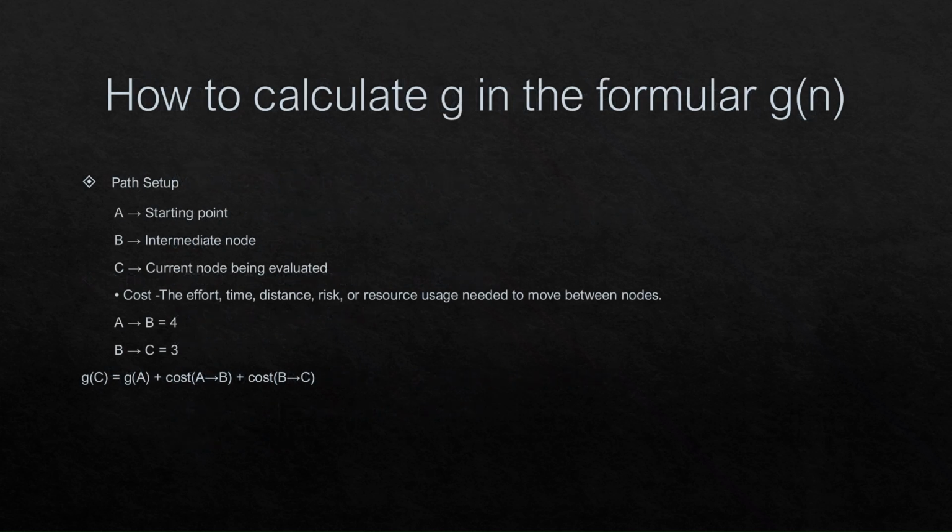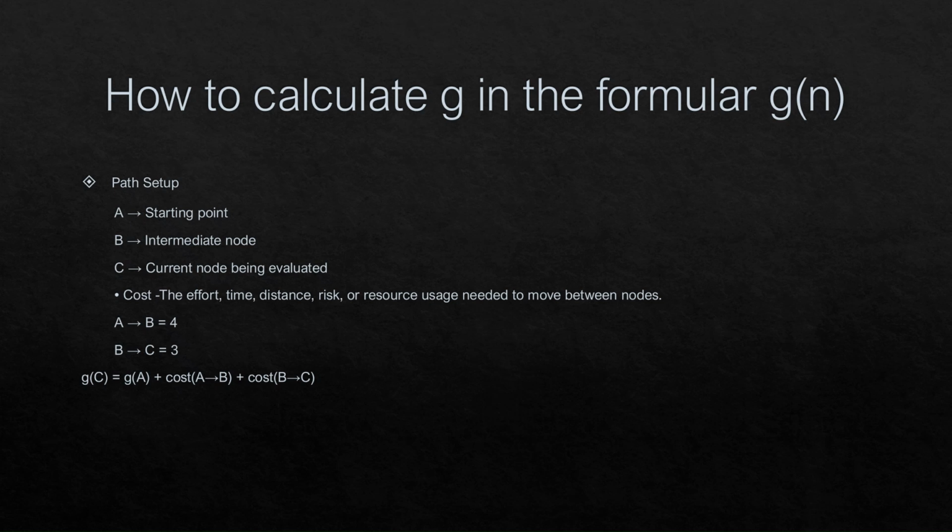And then how to calculate G in the formula G(n). What you're seeing on your screen is an example of a path setup: A, the starting point, B, an intermediate node, and C, the current node being evaluated, or the end node.